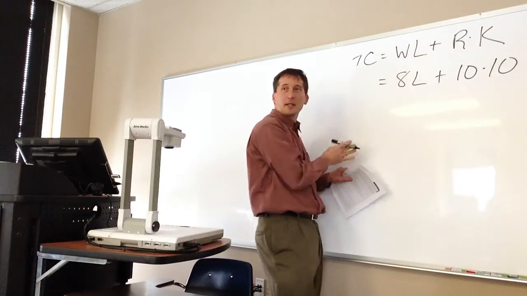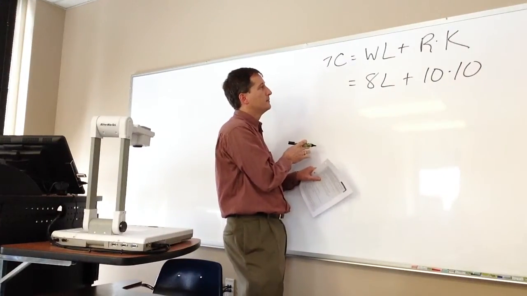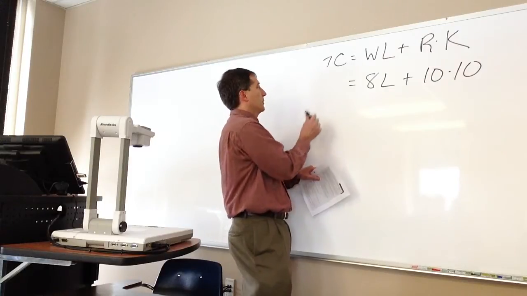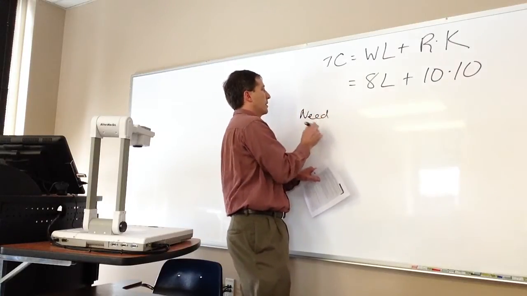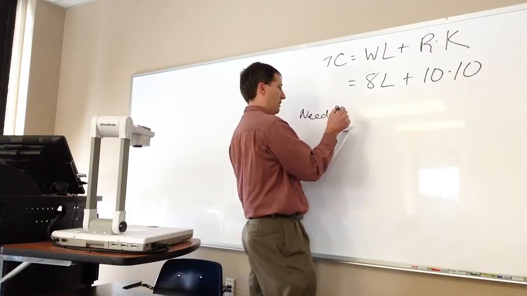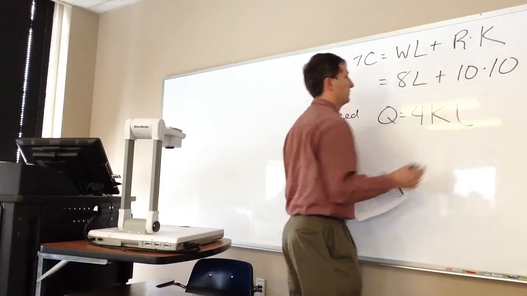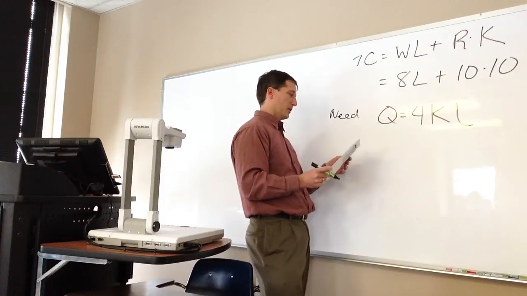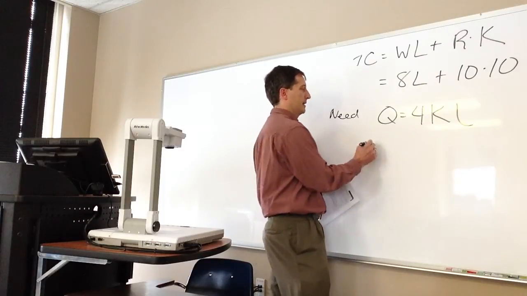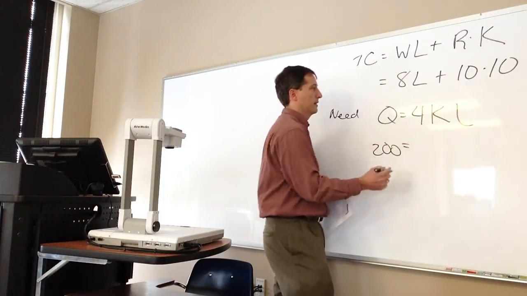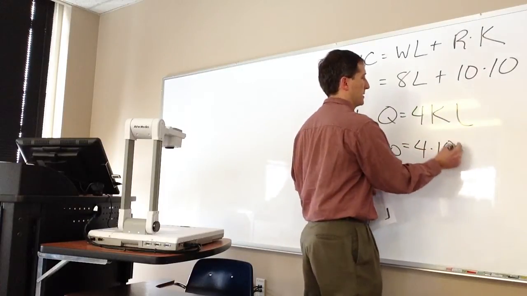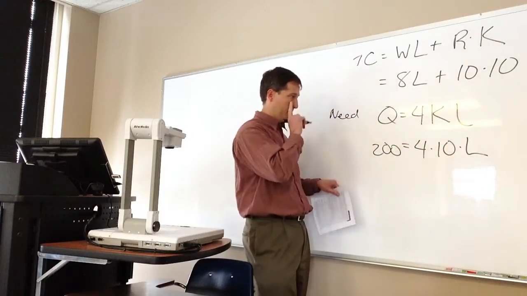So right away it pops out that we're missing L. So we need to go to our production function where Q equals 4KL. We're told by the problem we need to have 200 units equals 4 times 10 times L.